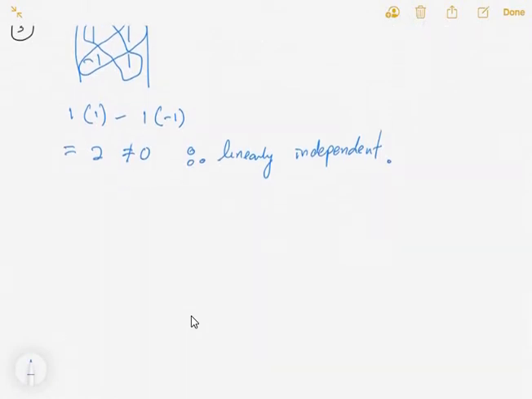So what's the next step, class? Okay, next step is to find the general solution as you learned in the previous example, the homogeneous system.